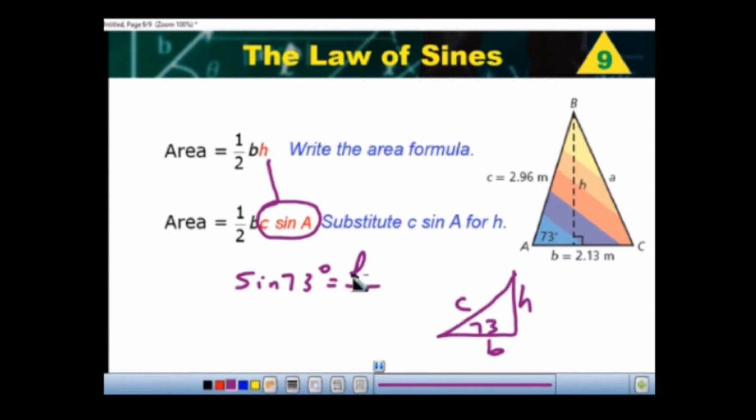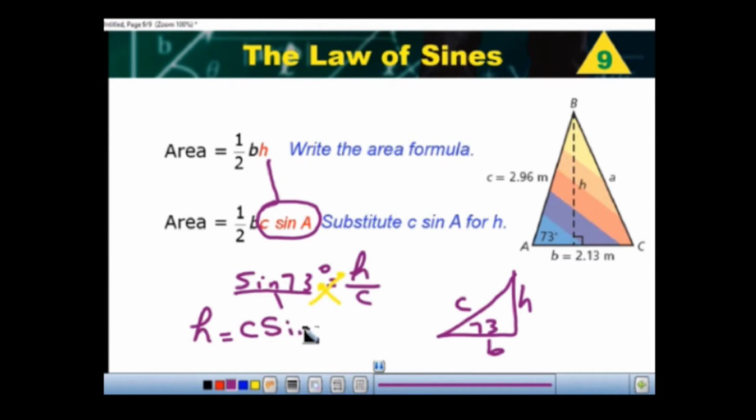So I know sine 73, I could plug this in the calculator. I know c, so how do you get h? Well, you just cross multiply. And you will end up with h, right? h times 1 is h, which is actually going to be c, little c, sine 73.